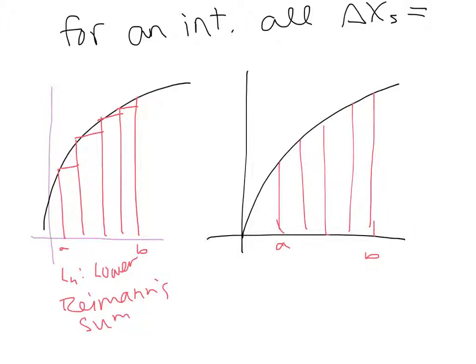If I were to take my rectangles from the right this time, sorry, that last one is not correct. My area would be above my curve, so we would call this U sub n, which would be the upper Riemann sum.